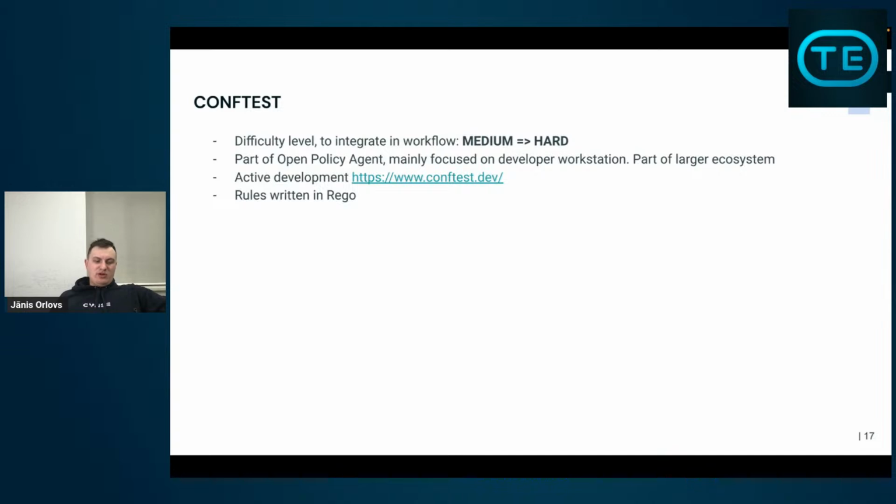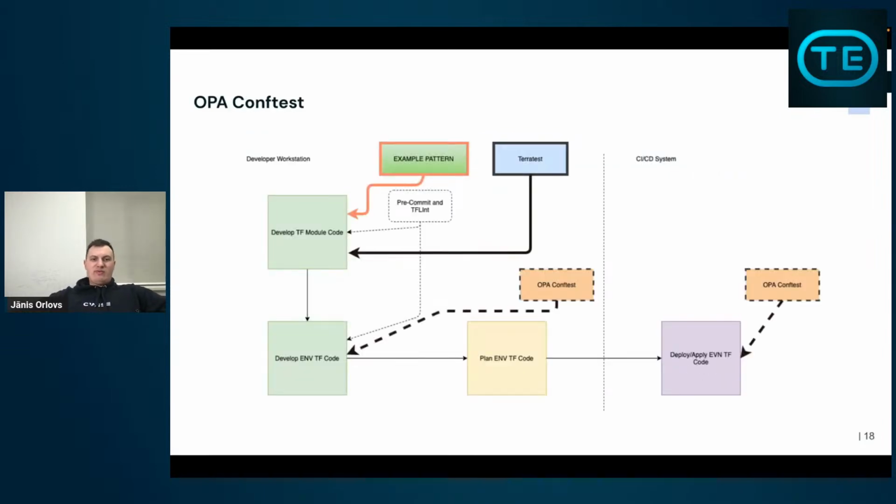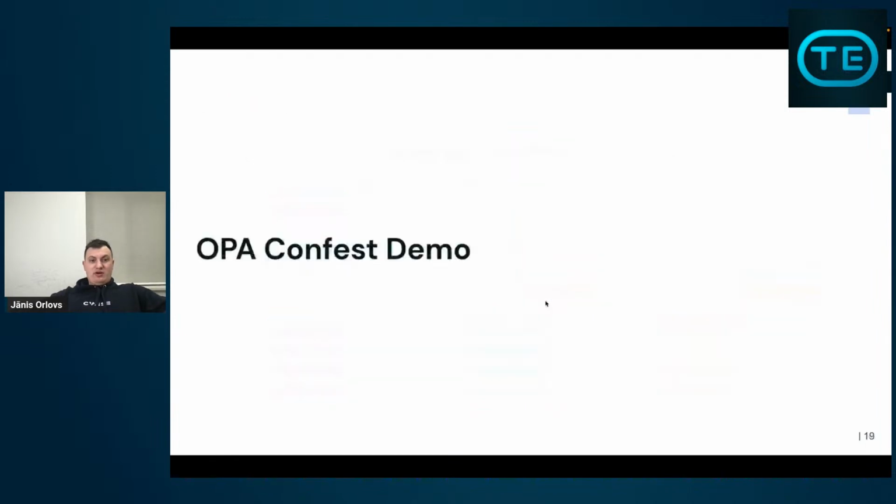The learning curve is a little bit steep, and this is where we mostly can use Conftest or Open Policy Agent, on the environment code part. So okay, I will show the demo now.